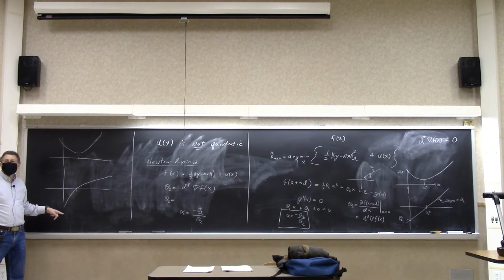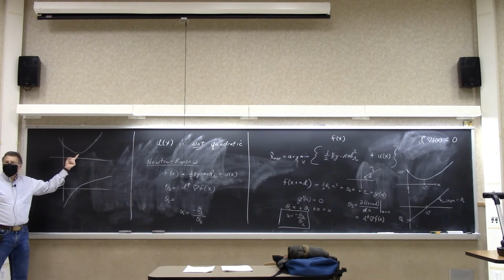The derivative's monotone increasing. If the derivative is monotone increasing, it means that the function must be convex. Why? Because a sufficient condition for convexity is that the second derivative be strictly positive, right?